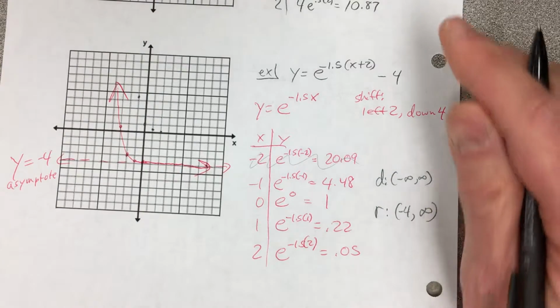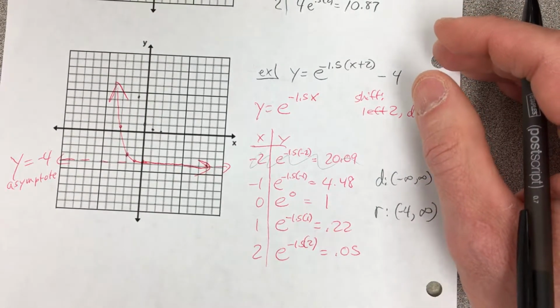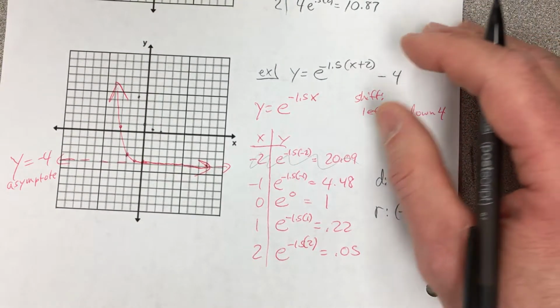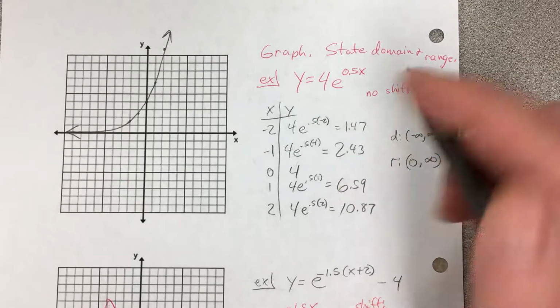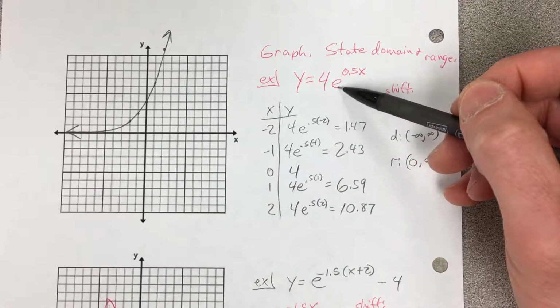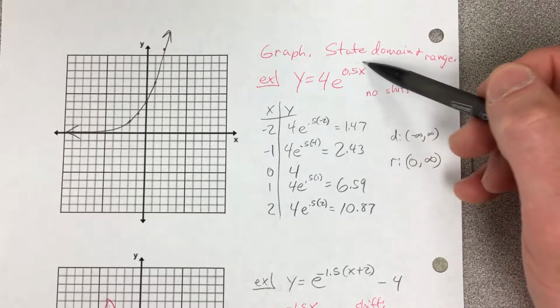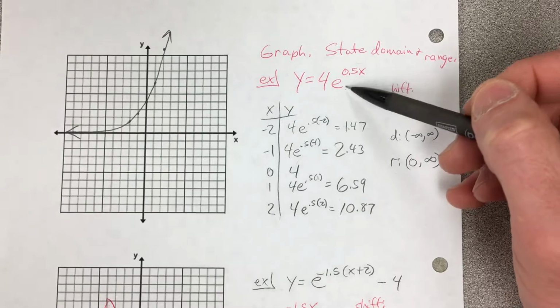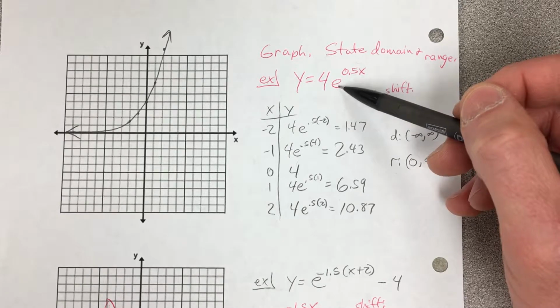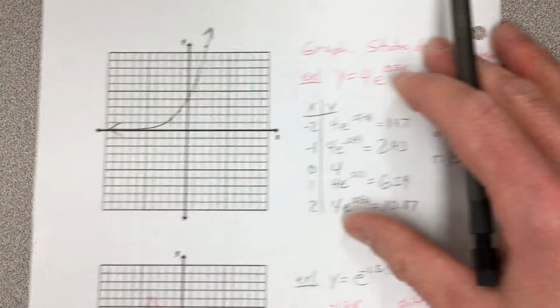Okay, the last thing that I'd like to talk about is kind of a big deal. E is approximately 2.72. We've learned that when the base of your exponential function is bigger than 1, it's exponential growth. And it was.